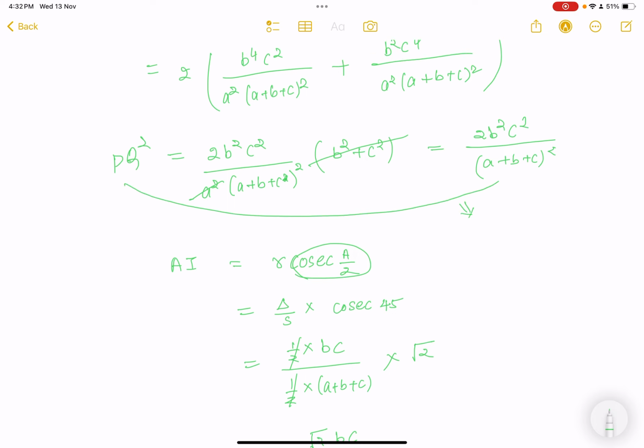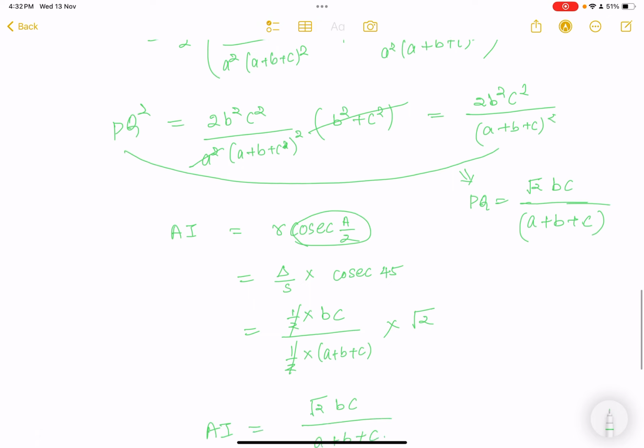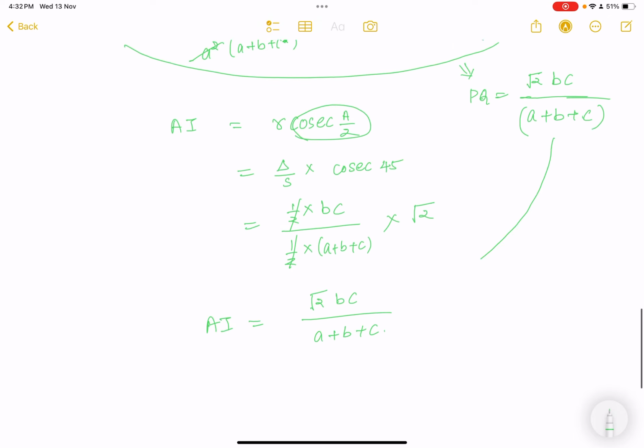If we find PQ, it will be root 2 times BC upon (A plus B plus C). So this is PQ. So PQ and AI are equal. So hence we conclude AI equals PQ.